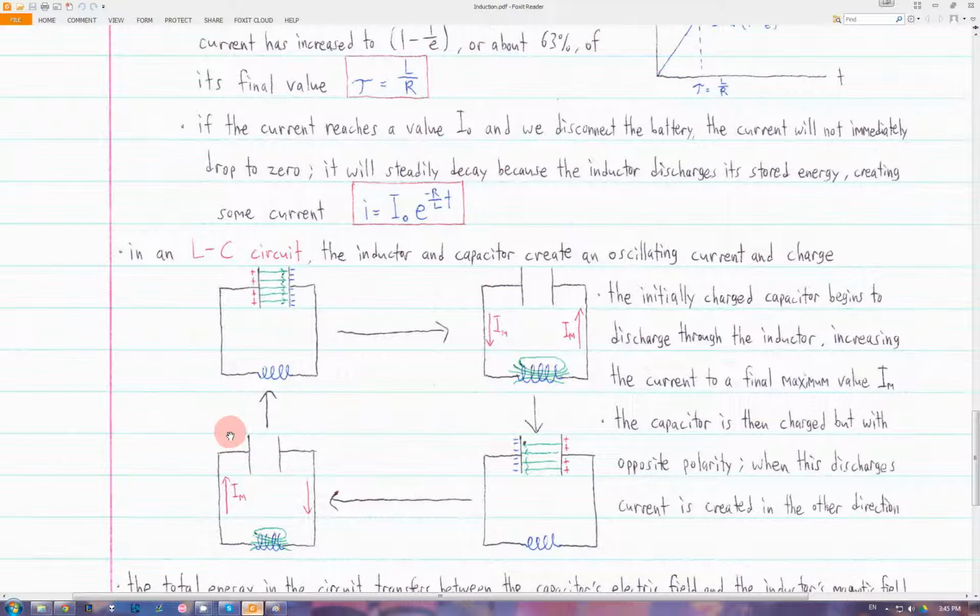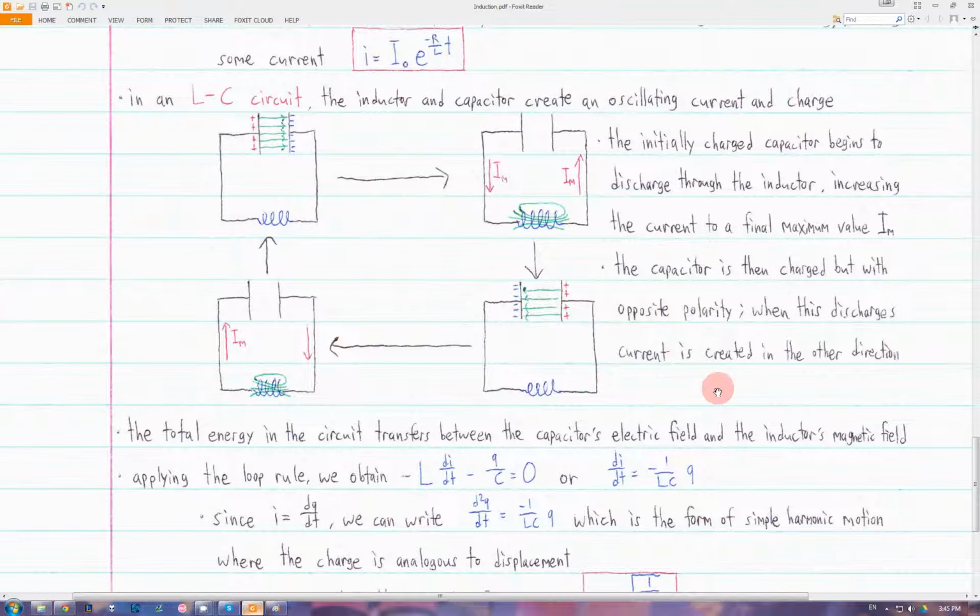And then the process begins to repeat. Now the capacitor will begin to charge in the same direction that it was charged initially. And so this process keeps repeating indefinitely, since there is no resistor in the circuit. And so we have a case of electrical oscillation.